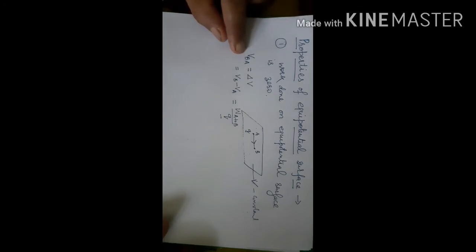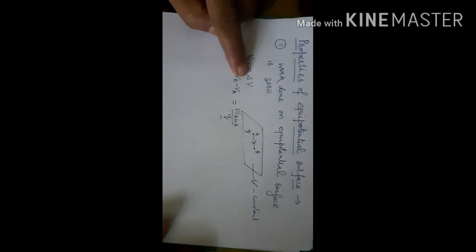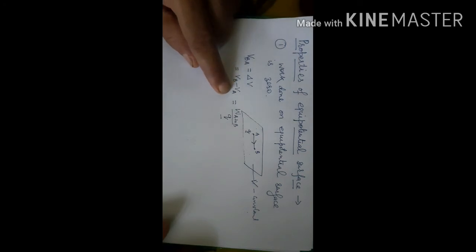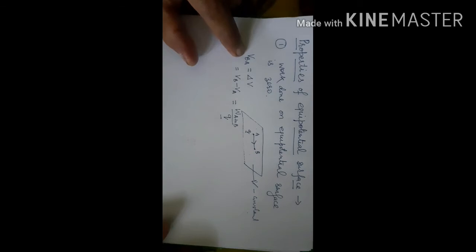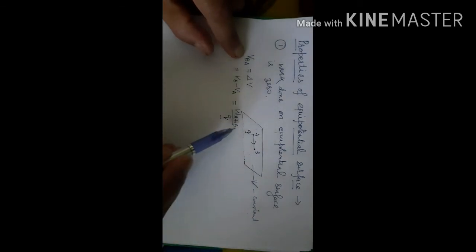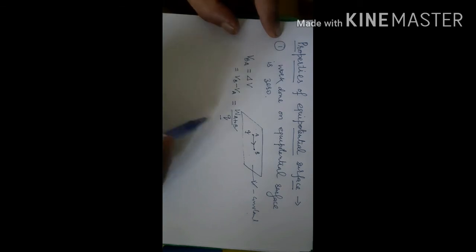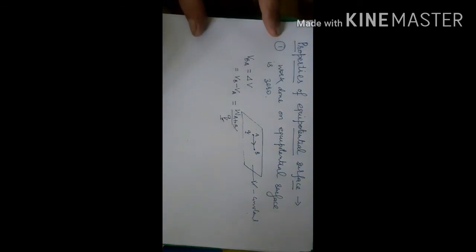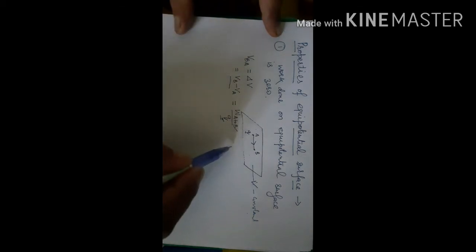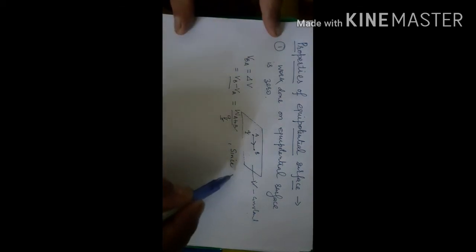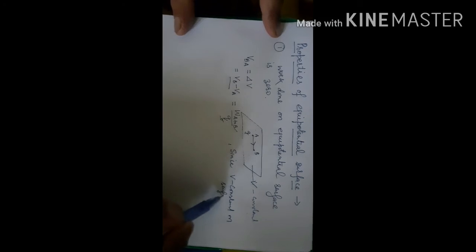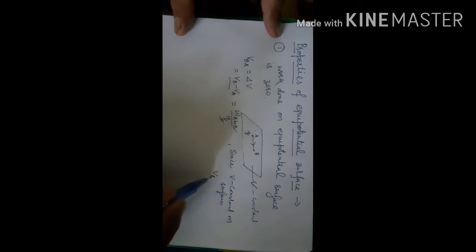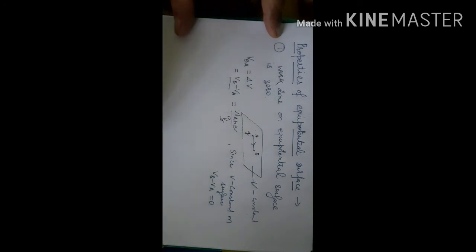The electric potential of B with respect to A, that is the change in potential, is nothing but the potential of B minus the potential of A. According to the definition, the potential difference is equal to the amount of work done to move a charge from A to B per unit charge Q. Since V is constant on the surface, and A and B both points lie on the surface, VB minus VA is equal to 0.